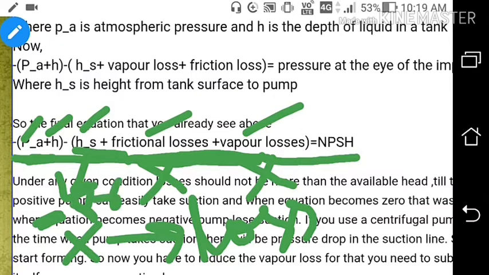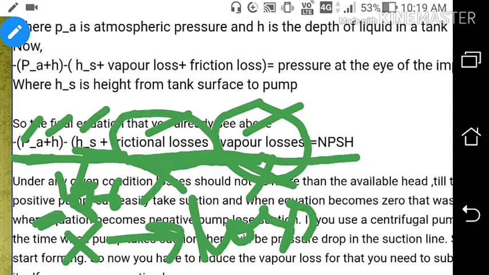Now if the NPSH becomes negative, that means cavitation will occur. So how can it become negative? If the vapor losses are more, if the frictional losses in the line are more, or if the tank is below the pump and the height of the tank below the pump is too much, then the NPSH value will be negative.